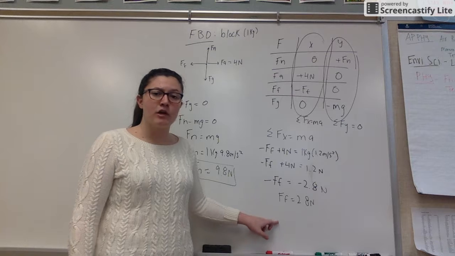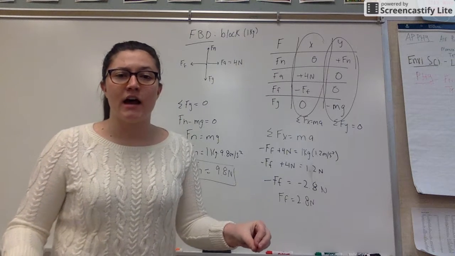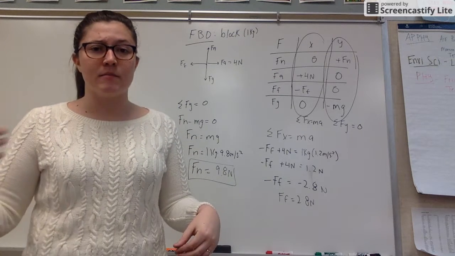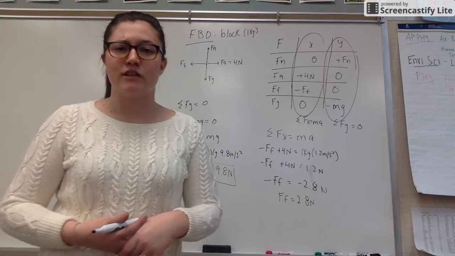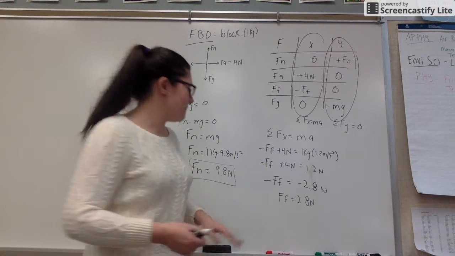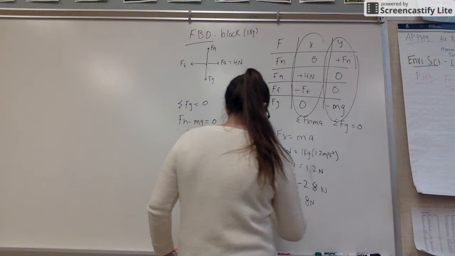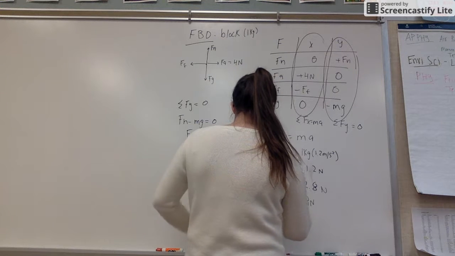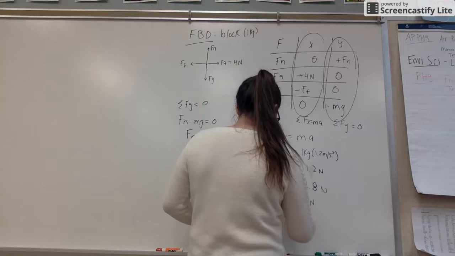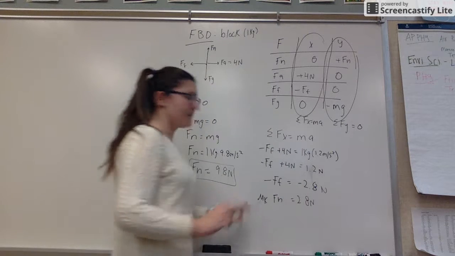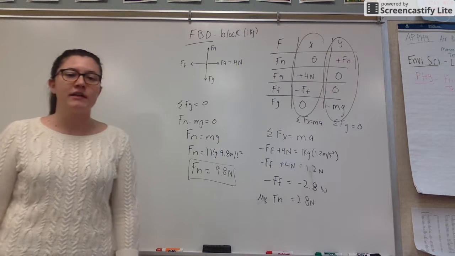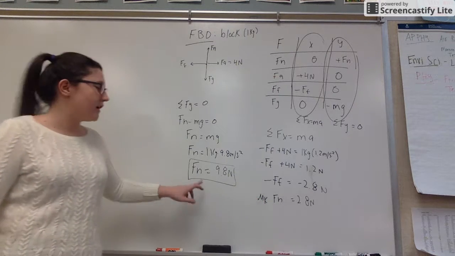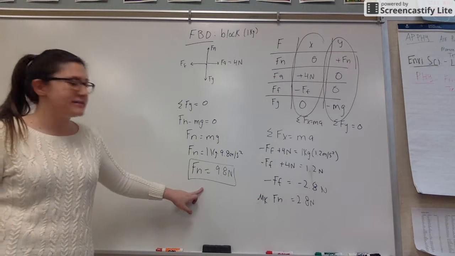So what we know is that the coefficient of kinetic friction times the normal force is equal to the force of friction, so we're going to plug in for that. So mu k times F n is equal to 2.8 newtons. We know that F n, which we solved for right over here, is 9.8 newtons.